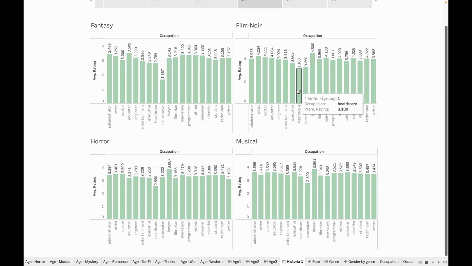And the worst rate was given by healthcare people. And continuing with the study, we have horror, in which healthcare people also give the worst rate, and lawyers give the better one.